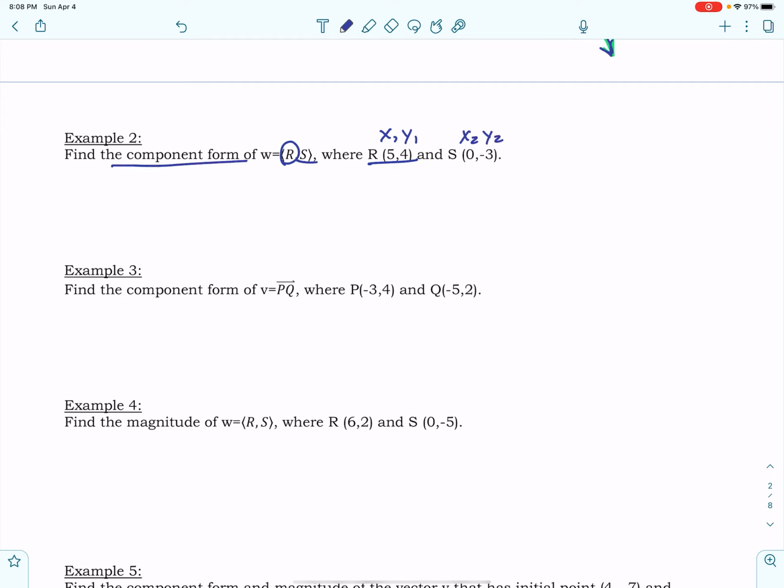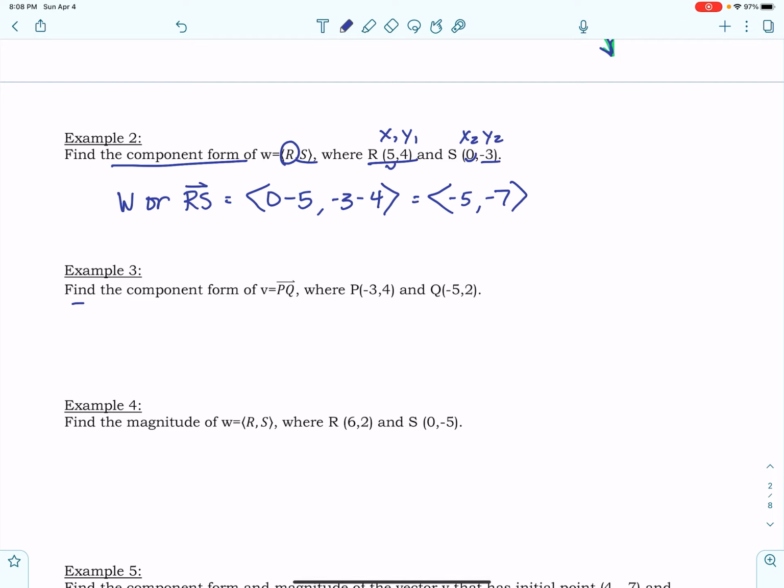If I'm finding the component form of W, and I can call it W or RS, either one is fine. So my component form is going to be x2 minus x1 and y2 minus y1. So that's going to be negative 5, and that's going to be negative 7. If you can add, you can do these.